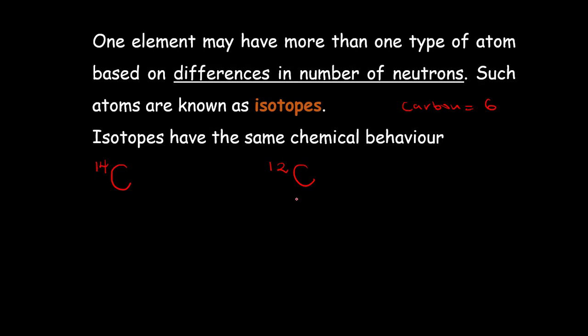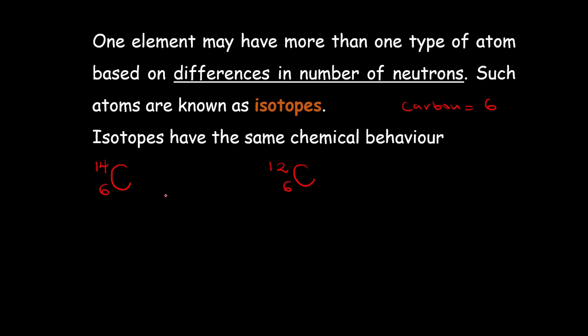That means this atom here has atomic number 6 together with this atom here. It also has 6. So that means these two atoms, carbon-14 and carbon-12, are isotopes because they have the same atomic number 6, but they have different mass numbers, 12 and 14.